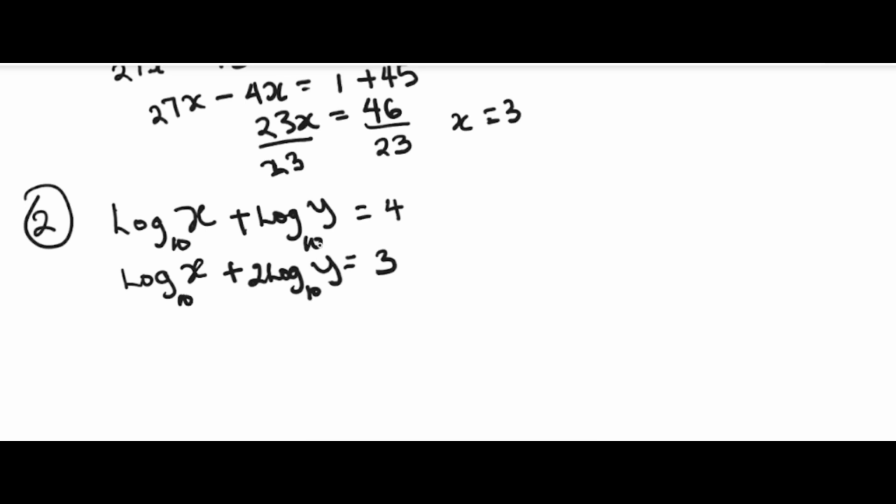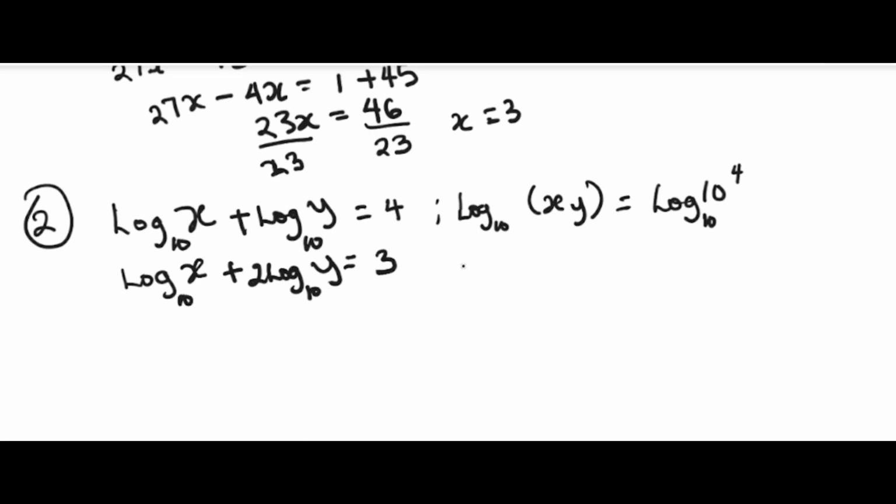Good. So we would change what we have on this side to be in base 10. All right, so we'll have log in base 10 of xy to be equal to log 10 in base 10 raised to power 4.